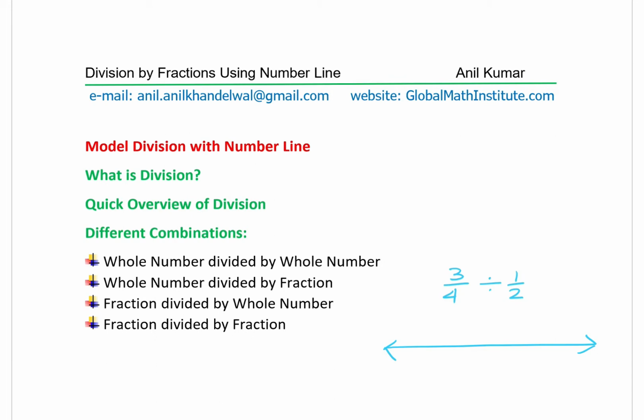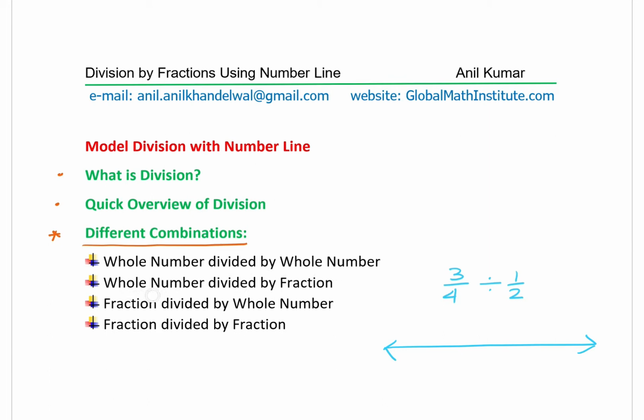So I'll talk through what is division, and we'll have a quick overview of division, and then we'll consider these examples, different combinations where the number line model can be used to represent division. So when we divide, we may have to divide whole number by a whole number.